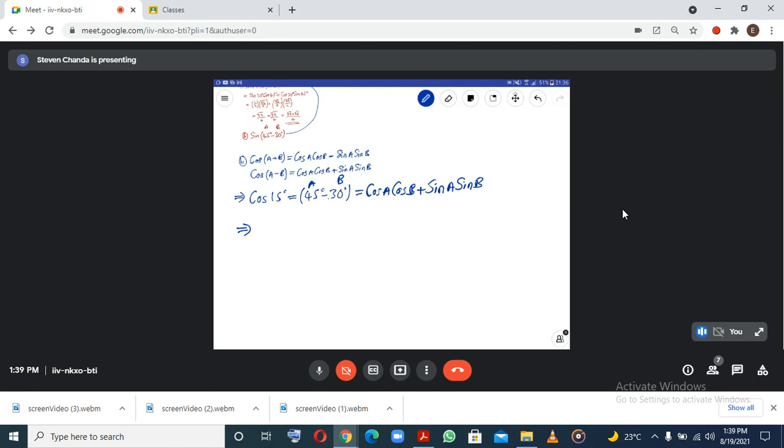Okay, so let's now start putting in the values. Let's just write them first so that we don't make mistakes. So that's that.